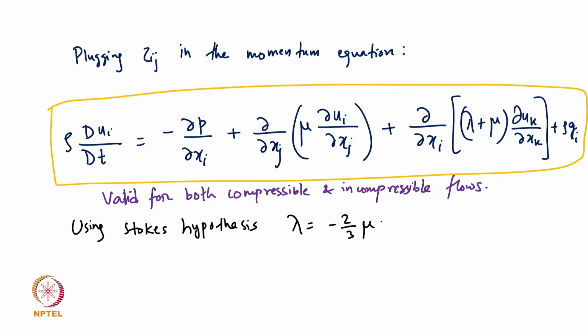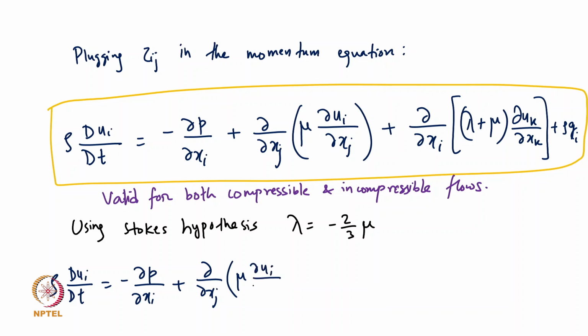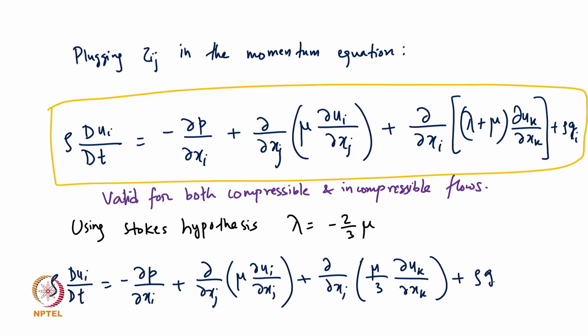We replace lambda in the above equation by minus 2/3 mu, and we get rho dui dt equal to minus del p del xi plus del xj, mu del ui del xj plus del xi, mu by 3, del uk del xk, plus rho gi.